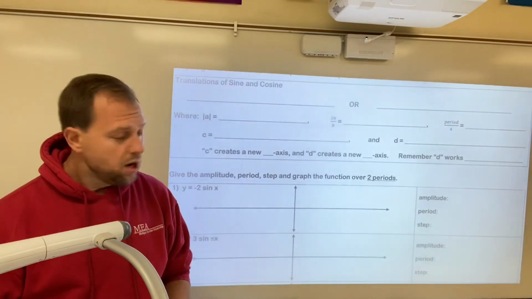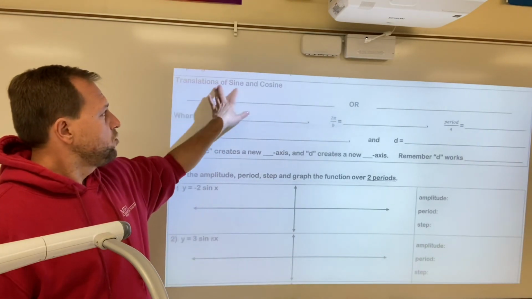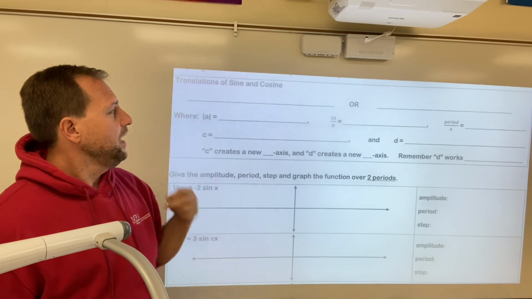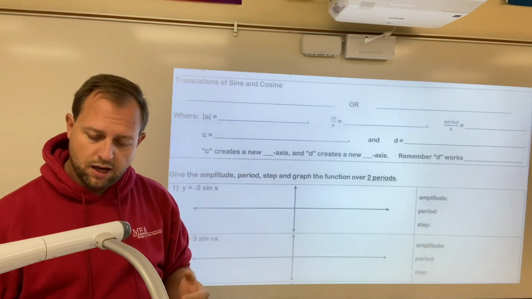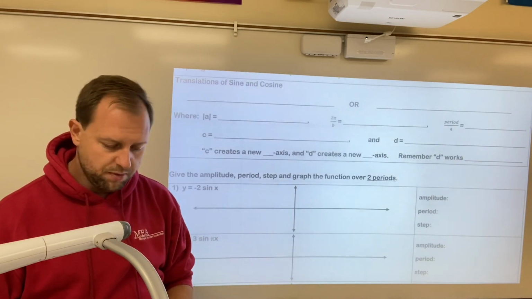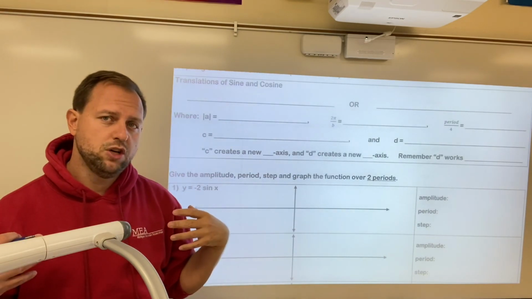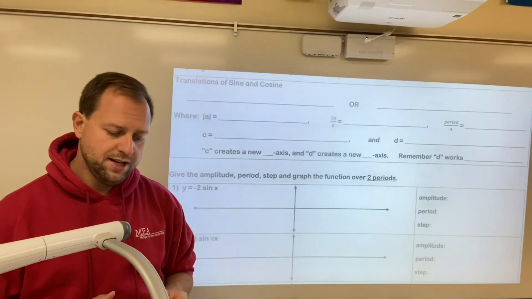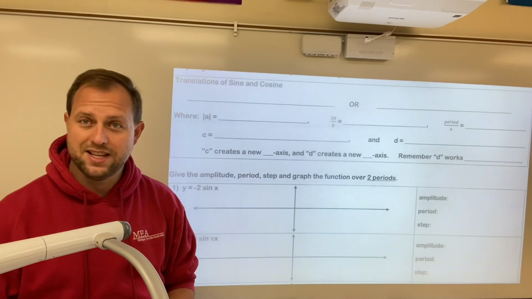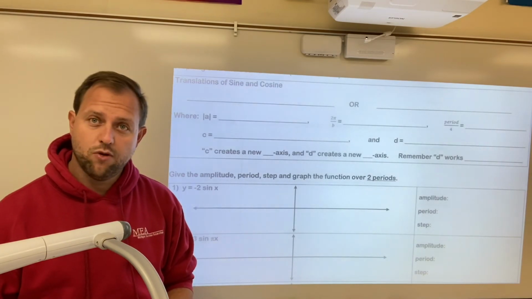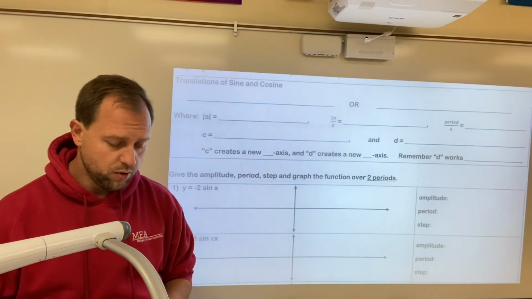Okay? So the translations of the sine and the cosine is what the whole review is going to be about. We're going to look at it from the big picture of 4.2, noting that in 4.1 we didn't have the actual translation pieces still, but we now do at the end of 4.2, so those are going to be a part of this review.